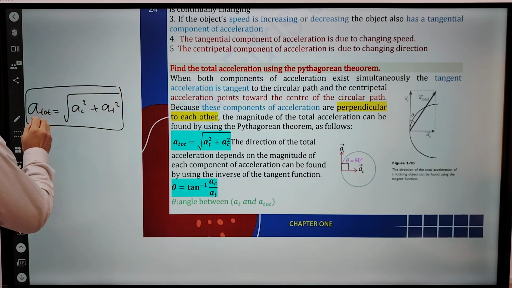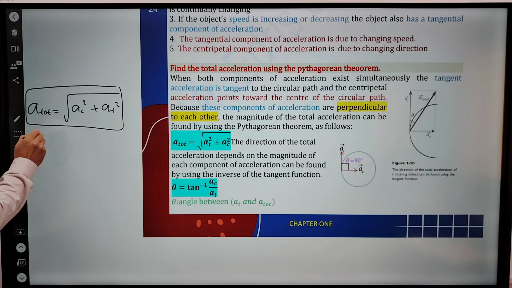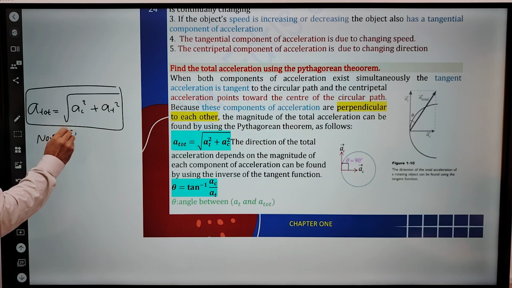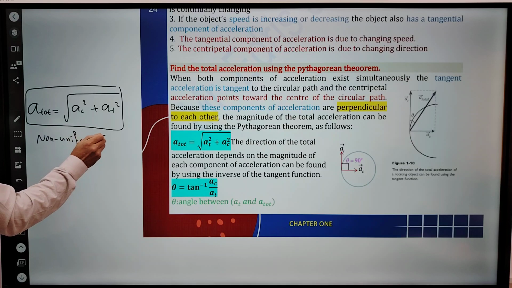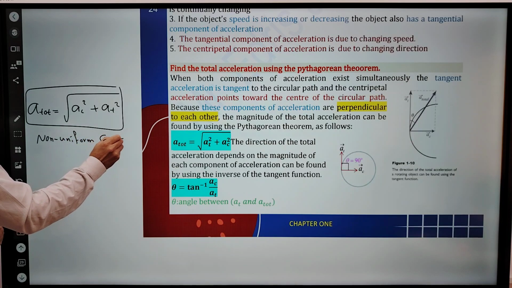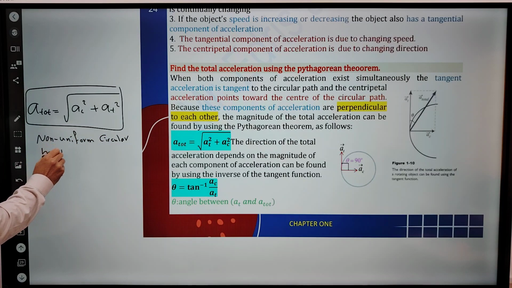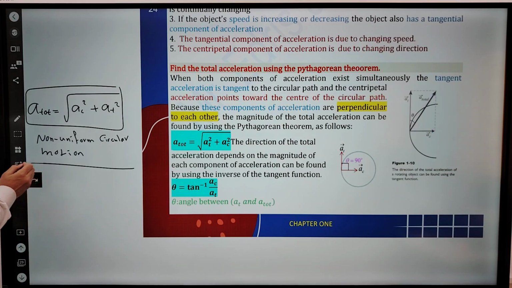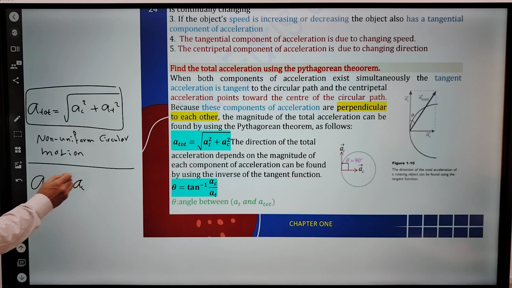This equation can be used to find what? The total acceleration for what? For non-uniform circular motion. But for uniform circular motion, A total is equal to AC.